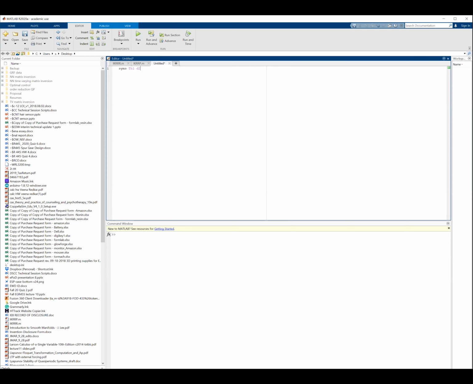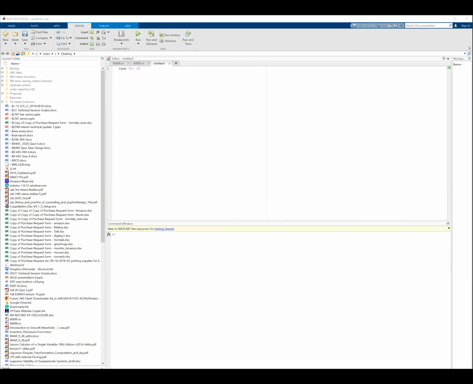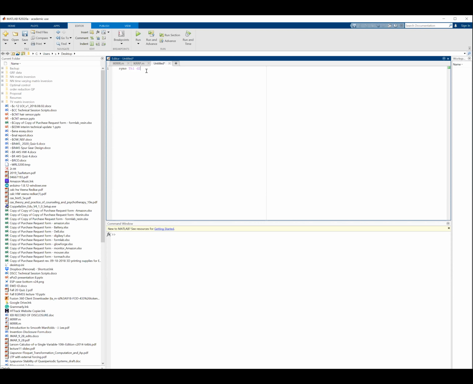Then 0h1, that we already computed, which is minus sine th1, 0, cosine th1, 0; cosine th1, 0, sine th1, 0; 0 1 0 a1.